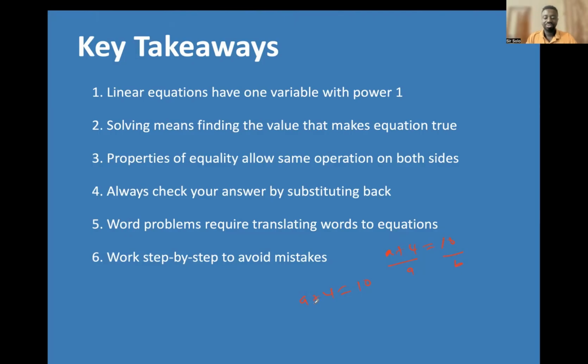So A plus 4 is equal to 10. To get A, we can subtract 4. You must subtract 4 from the left side and 4 from the right side. So you have A plus 4 minus 4 is equal to 10 minus 4, and this cancels, giving us A is equal to 6. For a shorter answer, we could have just done A is equal to 10 minus 4.